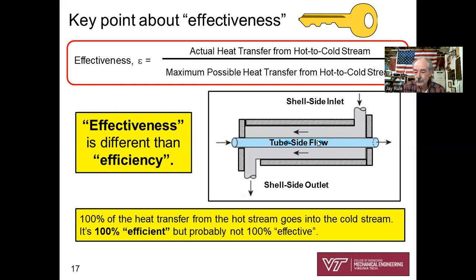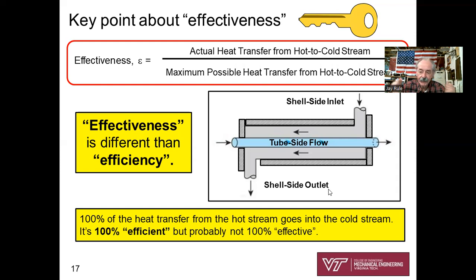Typically, we insulate our heat exchangers so that the shell side, if it's hot, for example, or warm, is prevented from transferring heat to the surroundings. So we typically fully insulate our heat exchangers. And so do you see that in terms of efficiency and heat transfer, for a well-insulated heat exchanger, all of the heat leaving the hot fluid goes into the cold fluid?